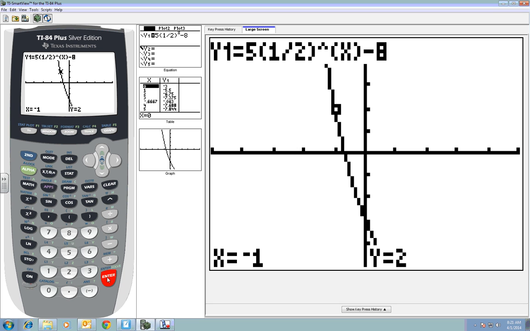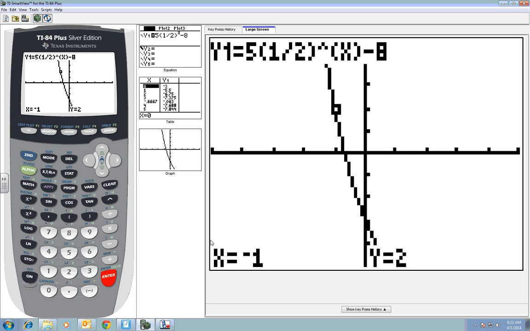now, when we list our domain and range, I already said our domain for all of these will be all reals, but our range on this is going to change. Now, here's the deal. When I look at this graph, because I'm only looking at part of it, it looks like my range goes from -infinity to +infinity, right? Because it looks like it goes all the way up and all the way down. But here's the deal. If I changed my window, we would see that this actually levels off.